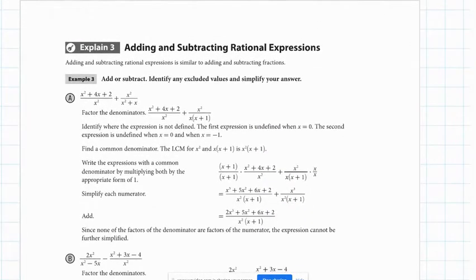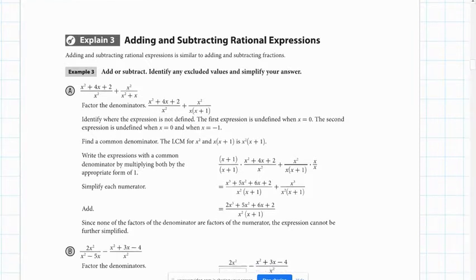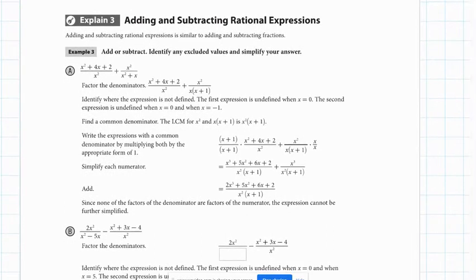So now when we get to adding and subtracting rational expressions, we need to find the least common denominator, just like we did in the warm-up today, in order to add the expressions. So in this first example, we have these denominators. If we factor them, they look like this. So the least common denominator is x squared, x plus 1.